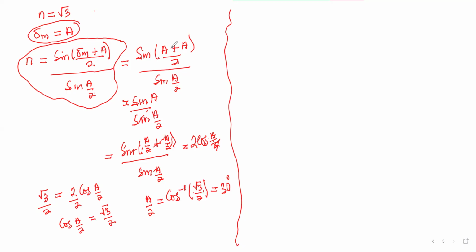So sine of (A plus A) over 2 divided by sine A over 2. The numerator becomes sine of 2A over 2, and the denominator is sine of A over 2. This 2 will cancel out so that we have sine A divided by sine A over 2.